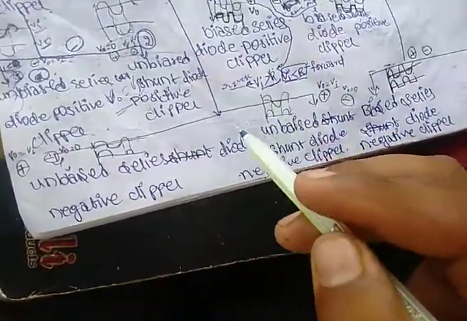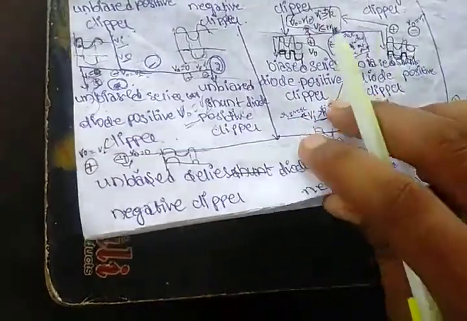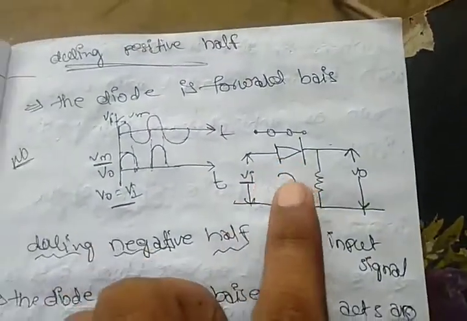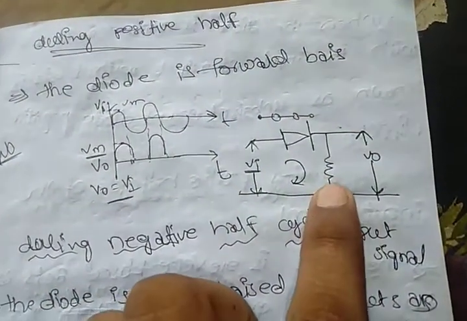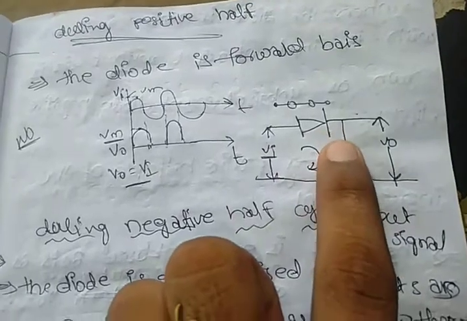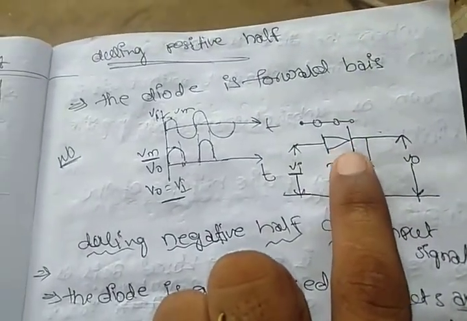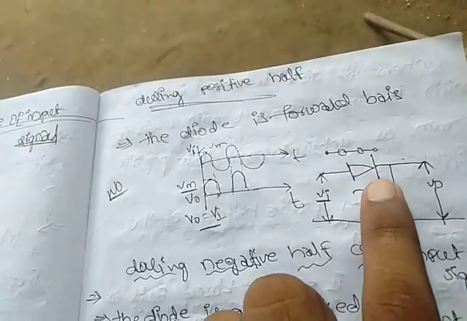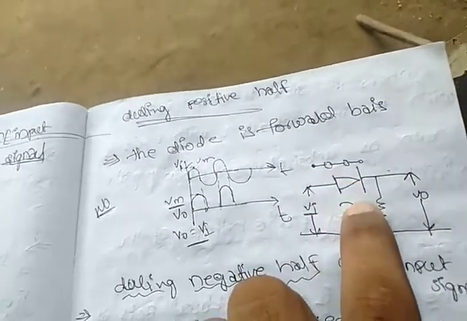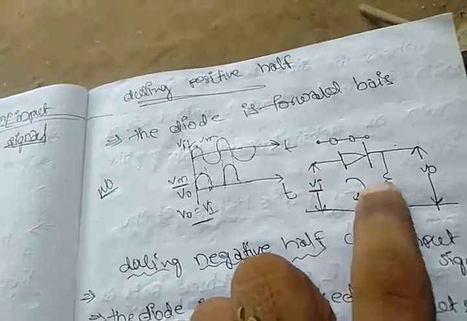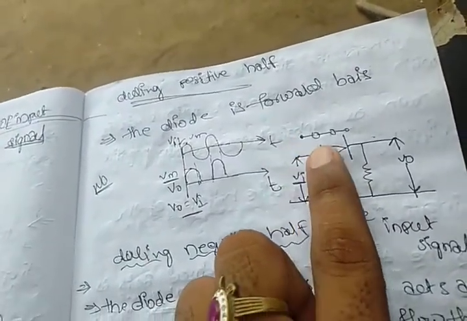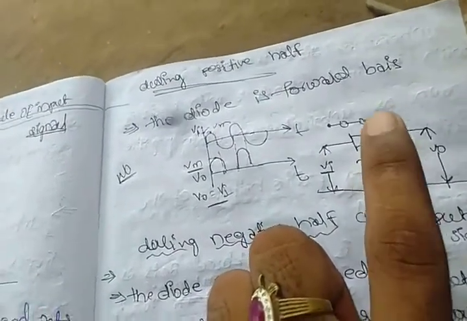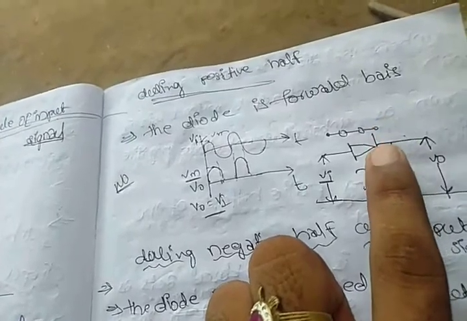This is the diode and this is the resistor. In shunt it will be reversed. This is the circuit diagram of the series one, with the diode here and the resistor here.